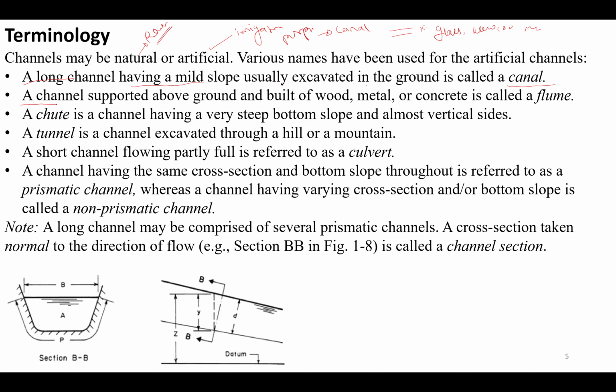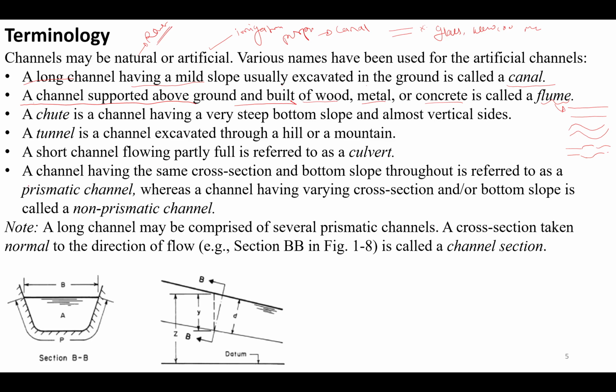The channel supported above the ground and built of wood, metal, or concrete is called a flume. This we generally use in experimental work. Sometimes we use rectangular, sometimes the flume may be sinuous or meandering, sometimes maybe braided. So this type of channel we use.